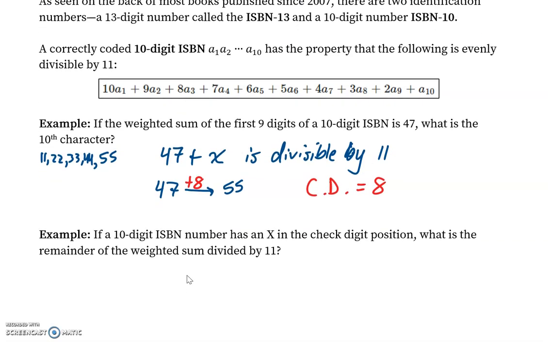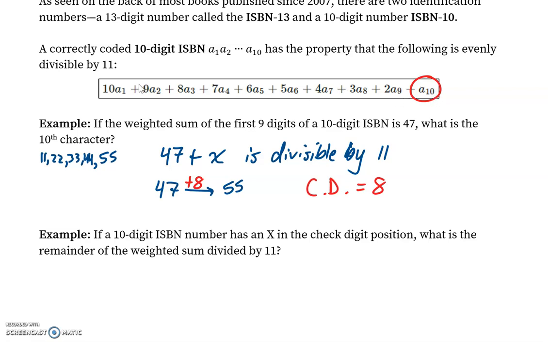Okay, then if we have a 10-digit ISBN that has an X in the check digit position, why might there be an X in the check digit position? Well, for starters, all these ISBNs, if we think about what could be in this very last place, it could be a 0. Maybe those first 9 numbers when we do this weighted sum are already divisible by 11.